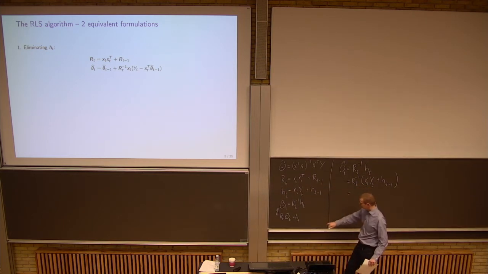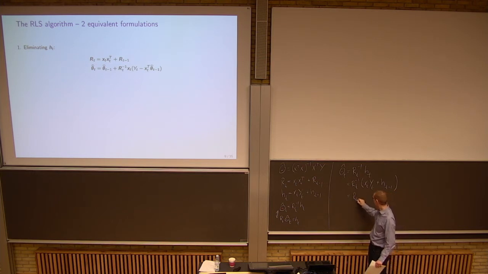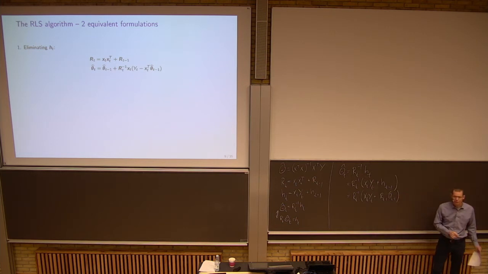So that means we can insert R_t theta_t in place of h_t up here, except that we have to keep track of the time index. So we should have R_{t-1} theta hat_{t-1}, like that.